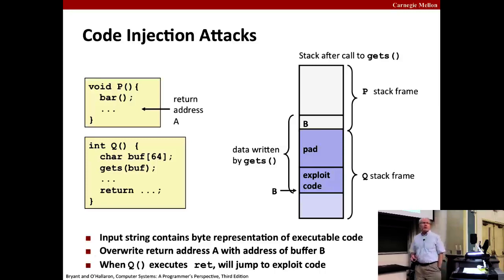The general scheme of it is I have this buffer that I can fill up with whatever bytes I want by feeding them to gets, or whatever function is doing this copying. And what I can do then is set up and pass to it some bytes that encode a little bit of executable code. You've seen in objdump, it's printing out these bytecode representations of instructions.